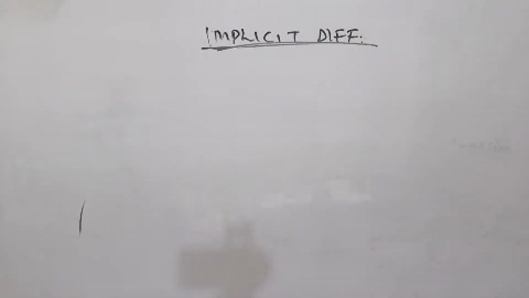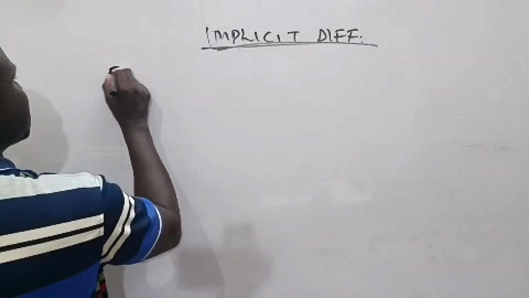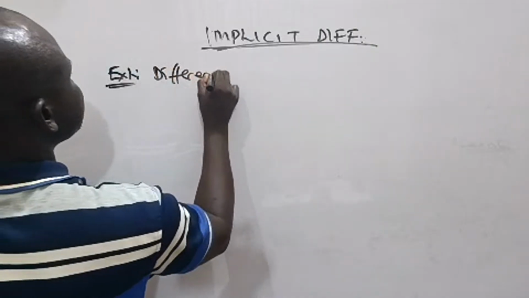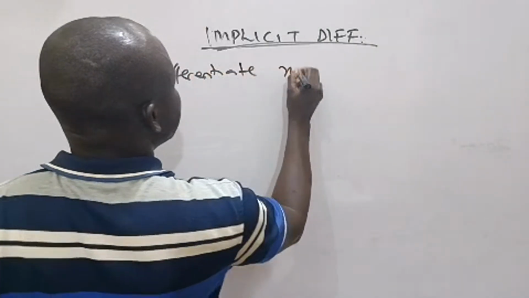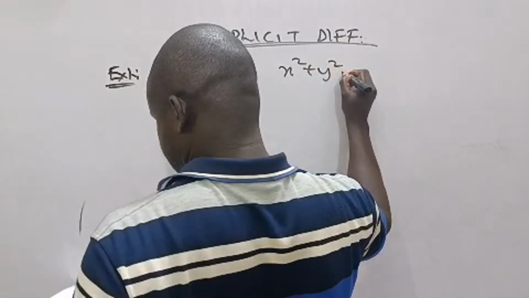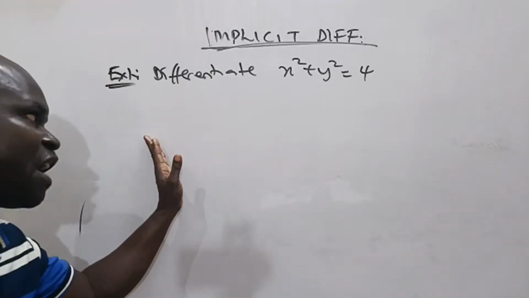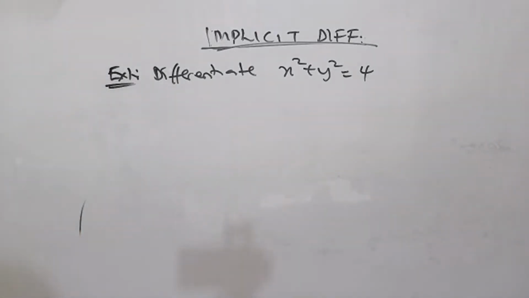So if you have this type of question, how do we differentiate? For instance, let's consider this example: differentiate x squared plus y squared equals 4. On the left hand side you have both x and y, both the dependent and independent variable.